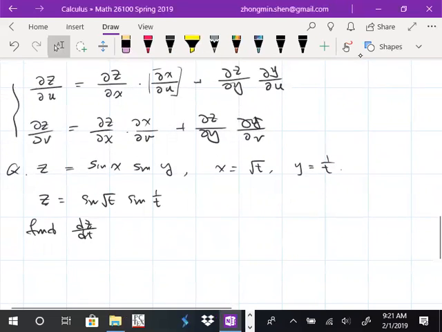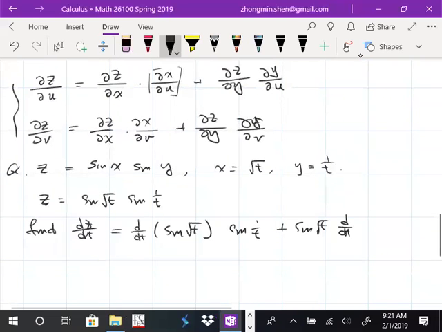If you find the formula in t for z, then you just differentiate directly by the product rule. So that is going to be the derivative of the first term times the second term plus the first term times the derivative of the second.